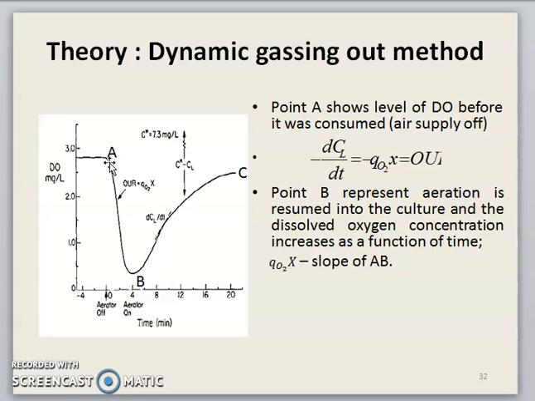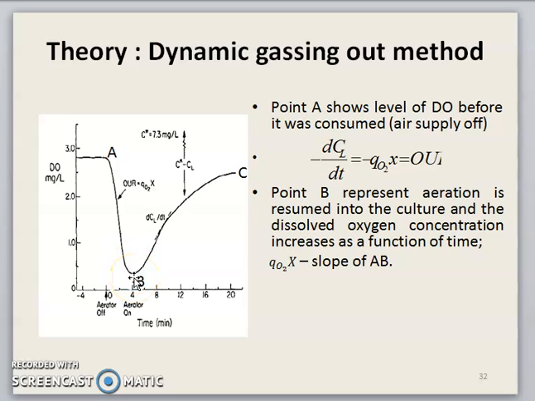Therefore, at this stage, dCL over dt is equivalent to the OUR, when the value is dropping until point B. Point B represents where aeration is resumed into the culture, and the dissolved oxygen concentration increases as a function of time. So QO2 is the slope between A and B.